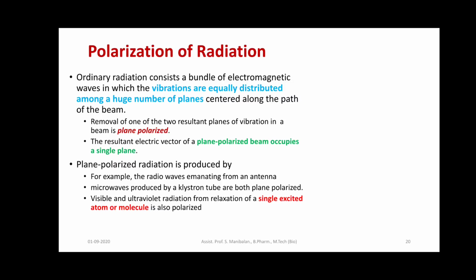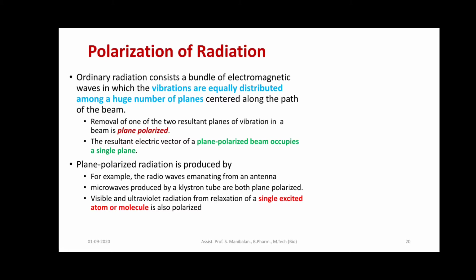Ordinary radiation consists of a bundle of electromagnetic waves in which the vibrations are equally distributed among a huge number of planes, which means directions. The oscillation of ordinary light occurs in different directions. Removal of one of the two resultant planes of vibration gives a plane polarized beam, because we need plane polarized light for our study purpose.